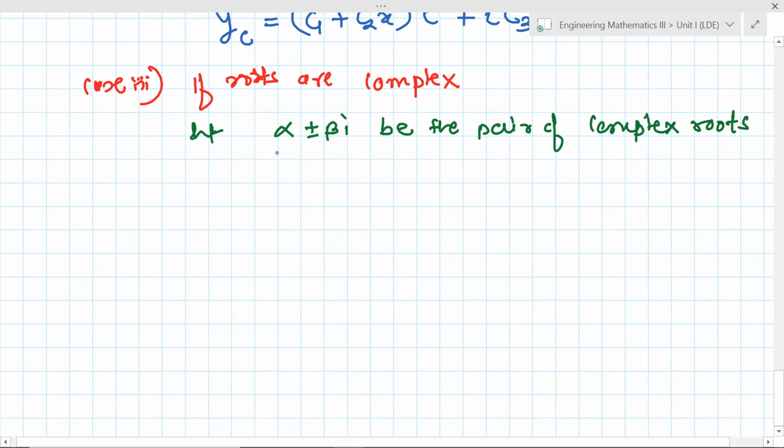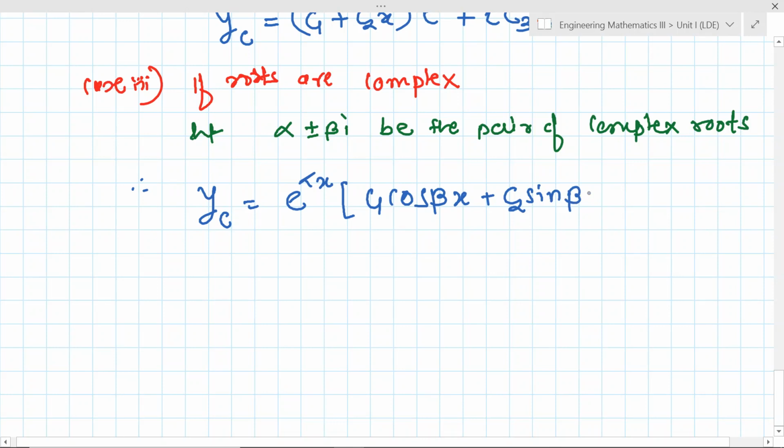Therefore, what is my complementary function here? Therefore yc is equal to e raised to alpha x into (c1 cos of beta x plus c2 sine of beta x).